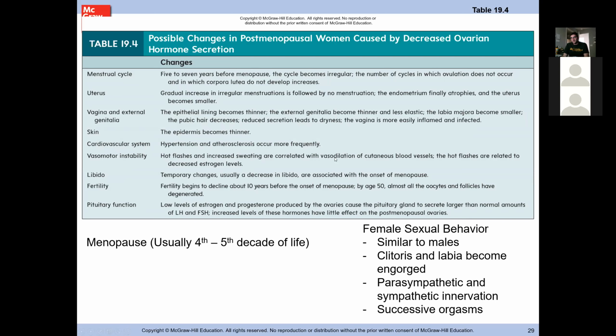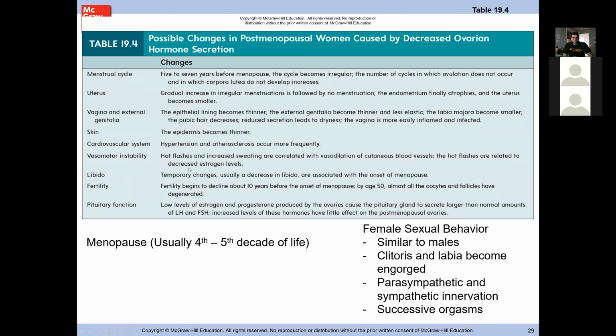So as those vessels within the cutaneous cells, or the cells underneath the epidermis, become dilated, then you end up having these hot flashes as a result of that. Usually there's a small decrease in libido or sex drive, and typically that's associated with the onset of menopause. And so fertility begins to decline about 10 years before the onset of menopause.